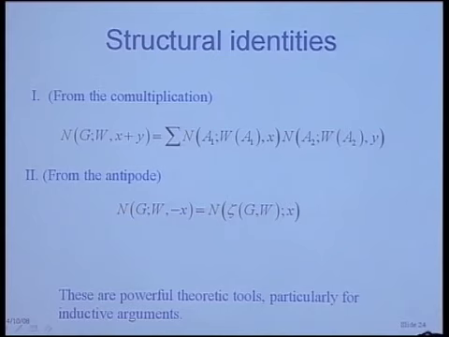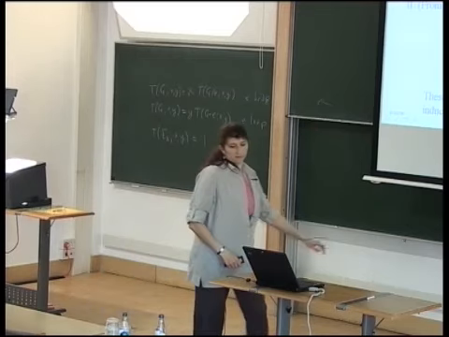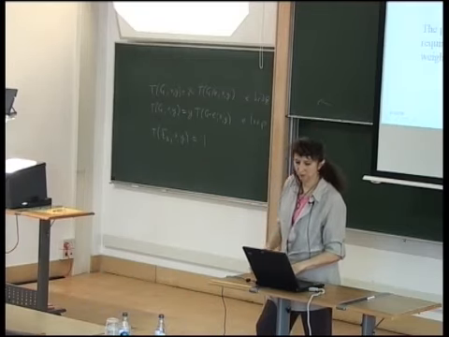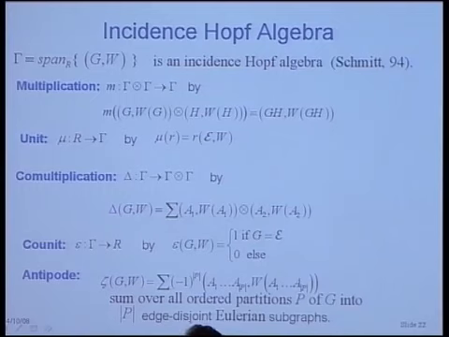So to say that it's a Hopf algebra map is to prove these two identities? No, to say that it's a Hopf algebra map is to show that this comes out of it. To show that it's a Hopf algebra map is to say that it's multiplicative, that it respects the co-multiplication.